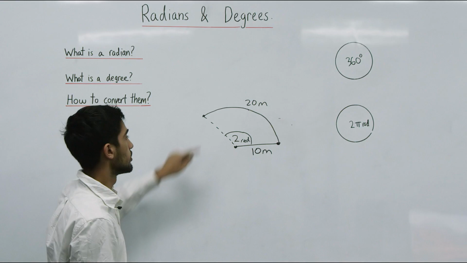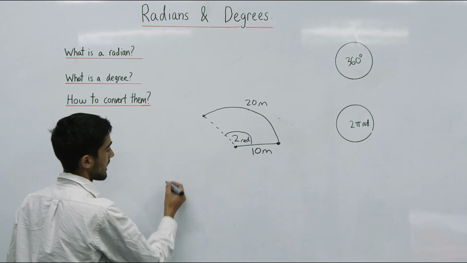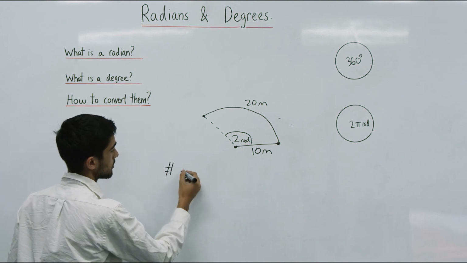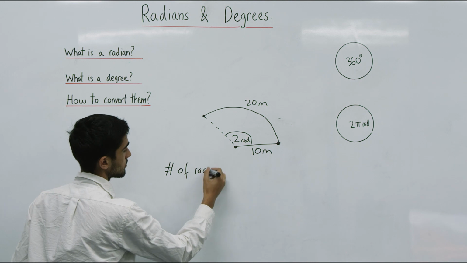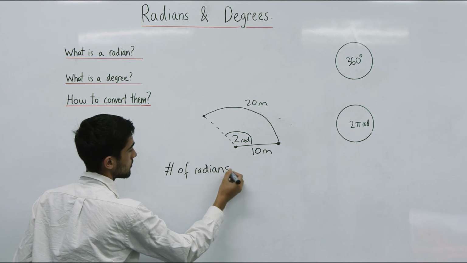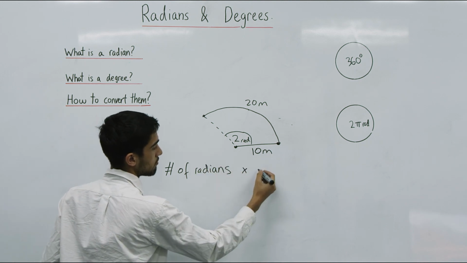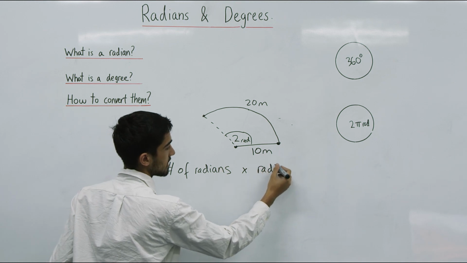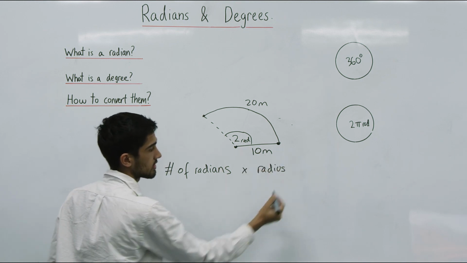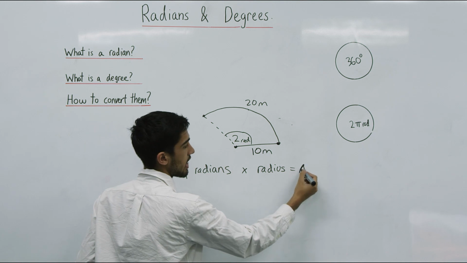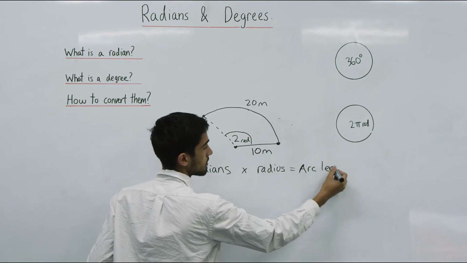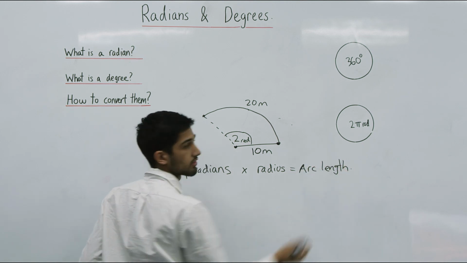So radians is a measure of how many times a radius we have walked around the outside of our circle. So we get the formula that the number of radians multiplied by the radius itself is equal to the arc length that you have traveled around the circle.